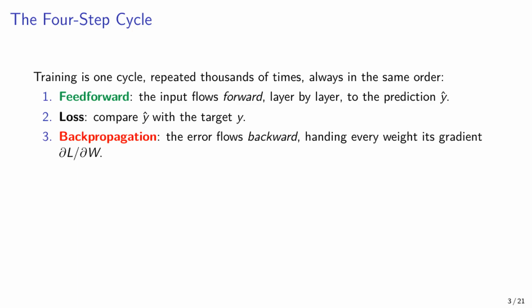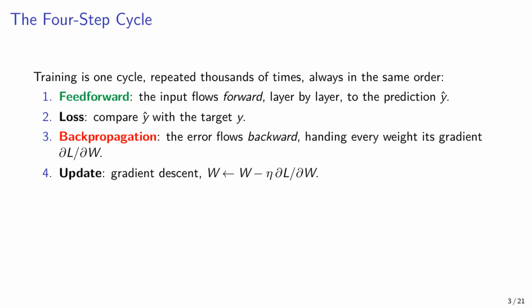Step 3 is backpropagation. The error now flows backward through the network, handing every weight its own gradient, the partial derivative of the loss with respect to that weight.